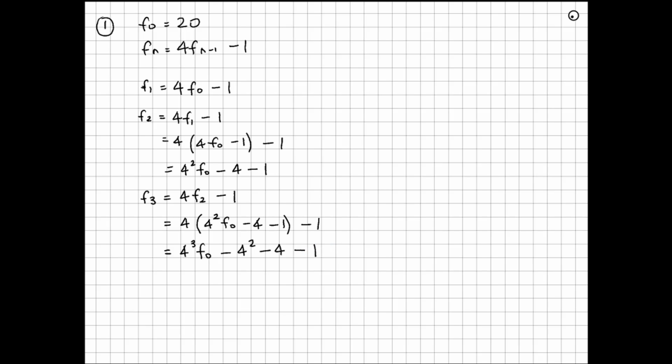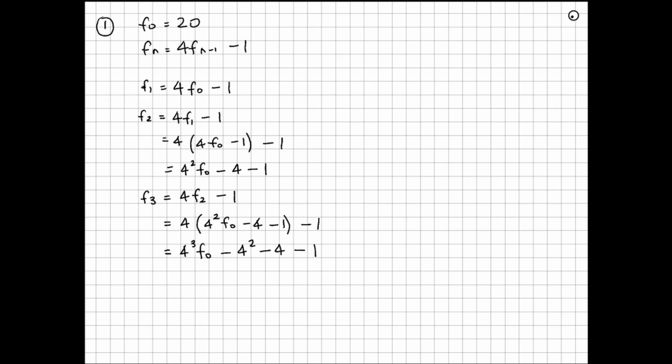So just looking at those 3 terms, we see a pattern where we have 4 to the power of whatever item we're up to times f0. So we have 4 to the power of 1 times f0, 4 squared f0 for f2, and then 4 cubed f0 for f3. And then we subtract reducing powers of 4. So when we're on f3, we get 4 cubed f0, and then minus 4 squared, minus 4 to the 1, minus 1, which you can think of as 4 to the power of 0.